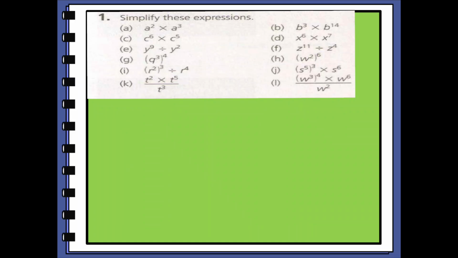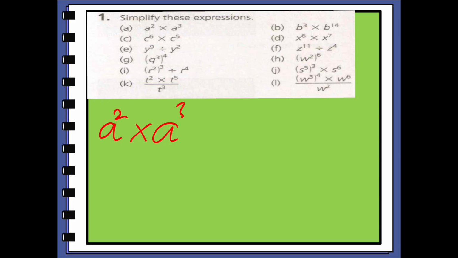Now when it comes to indices, whenever you are doing a multiplication of powers, say for instance a squared times a cubed, the rule of indices says that to multiply powers you add the powers.